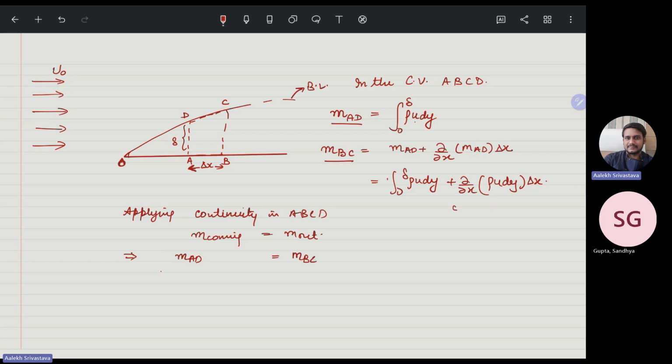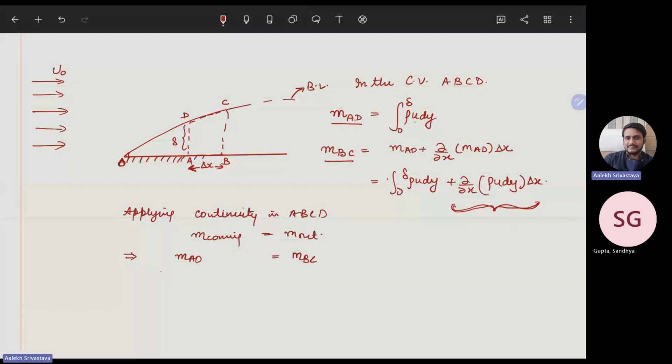But you can see that there is an extra mass that is going out. Therefore, there should be some mass that is again entering from other sides. After all, this is a wall, so no mass can enter from this side. The only possible place where the mass can enter is this place.